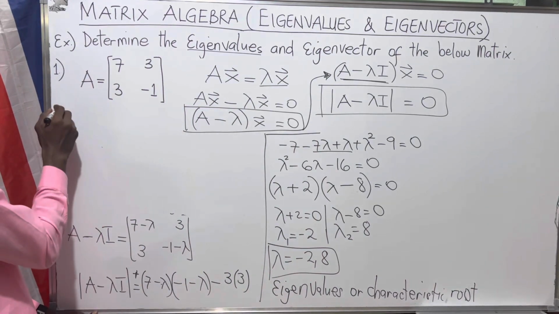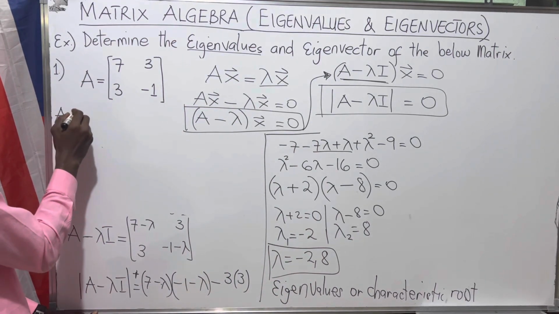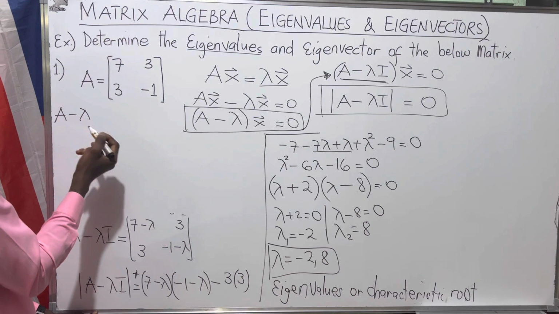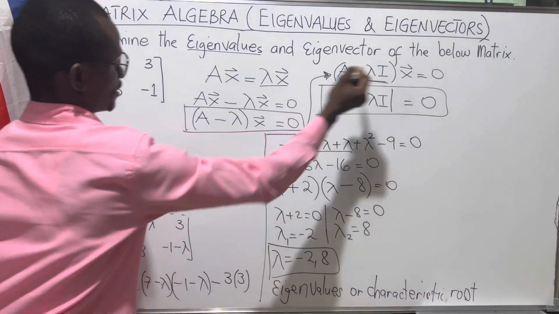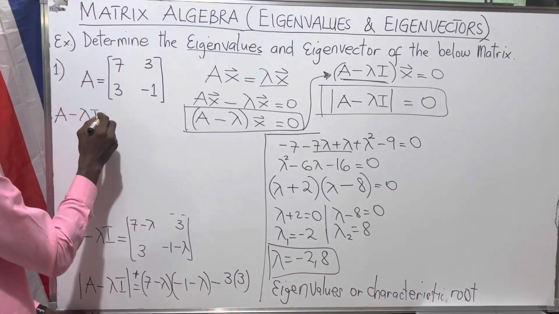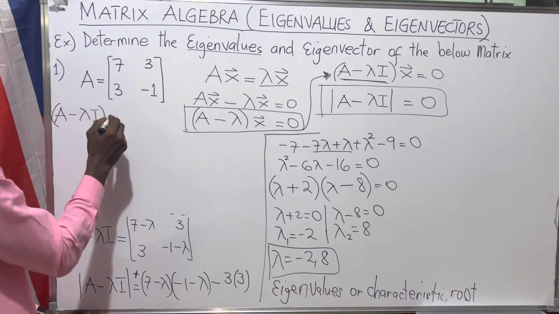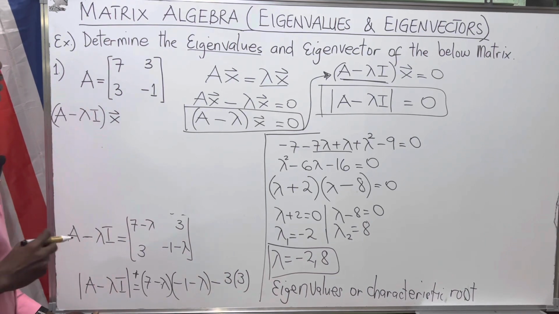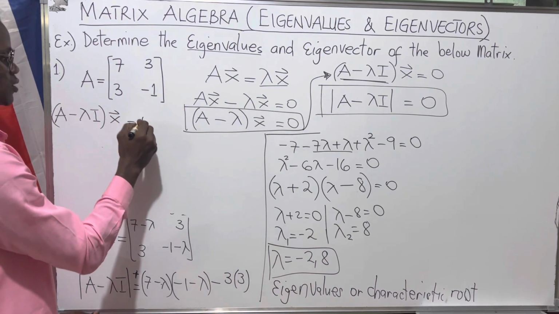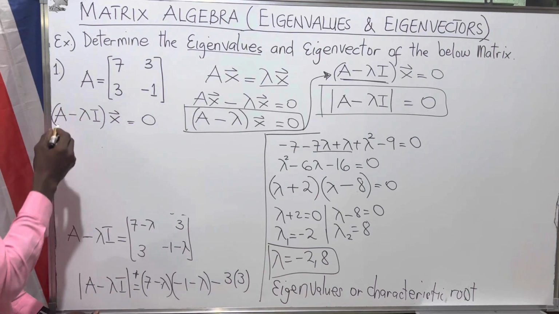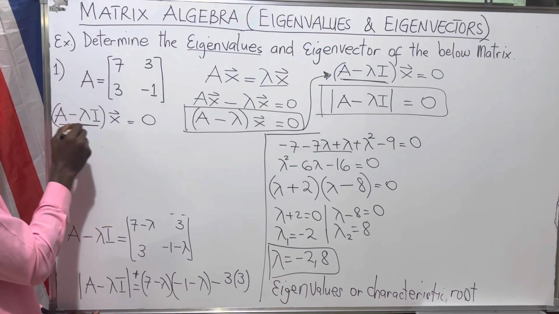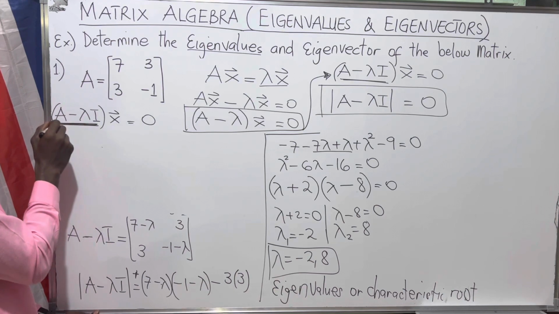So we have A minus lambda I times the eigenvector equals 0.